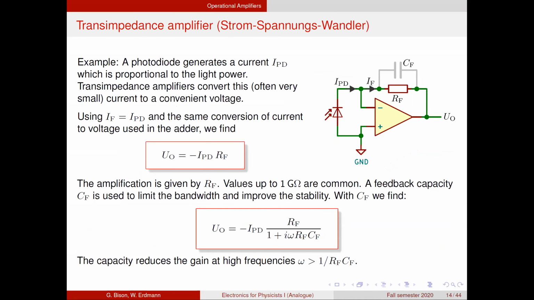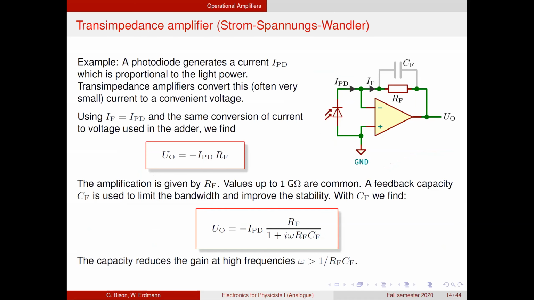Okay, one more example of an op-amp circuit here is a transimpedance amplifier. What it does is convert current into a voltage. And that's really important to read out detectors. Many detectors produce a current that is proportional to whatever you want to detect.